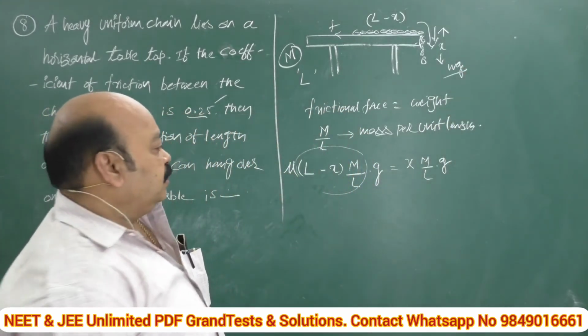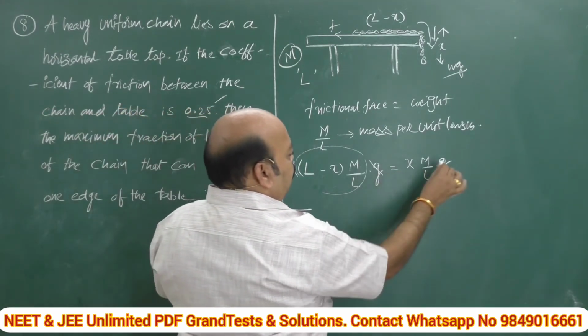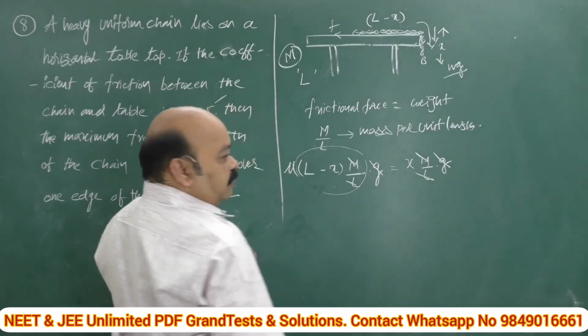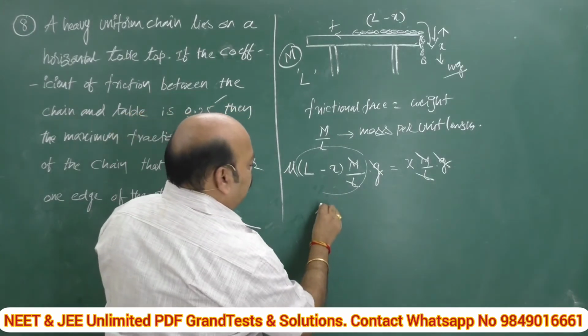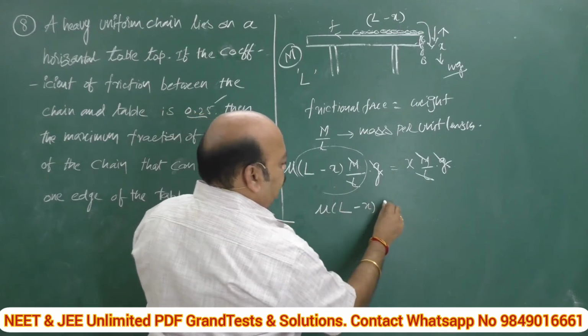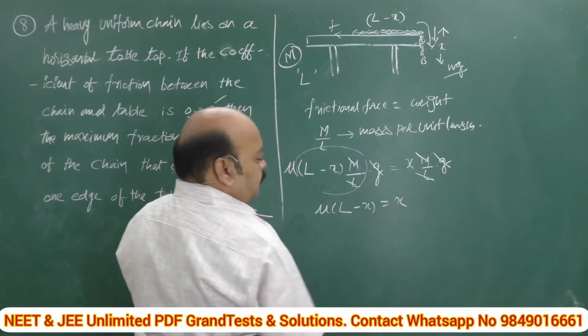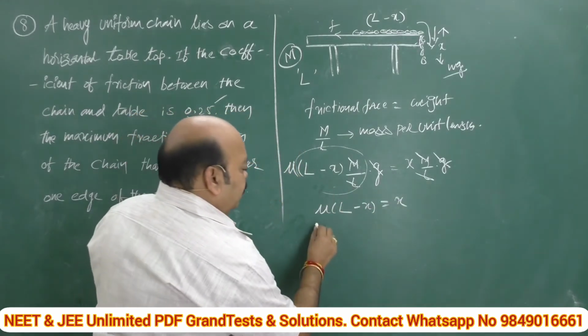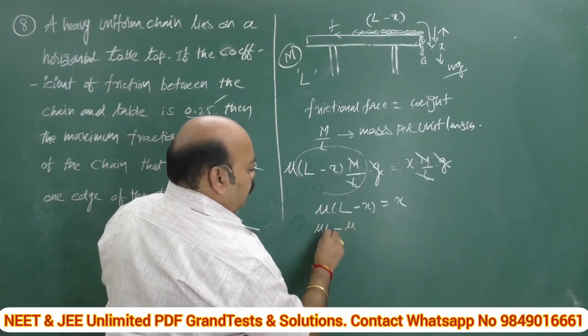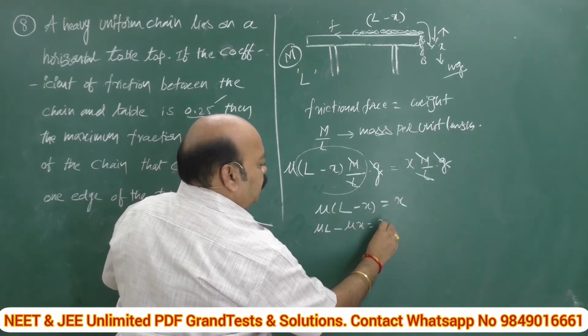Now see how we can cancel the similar terms. Finally, what we have is mu into (L minus x) on the left hand side and x on the right hand side. It is nothing but mu L minus mu x is equal to x.